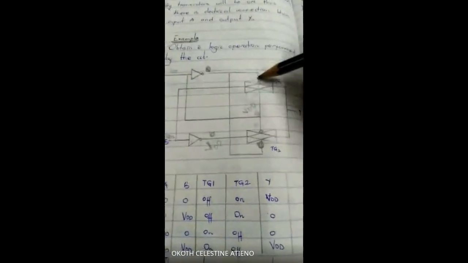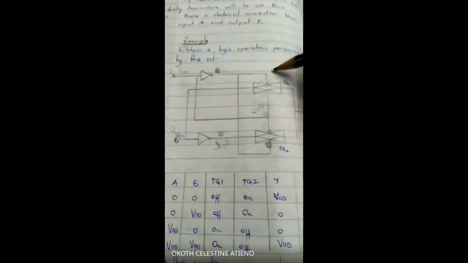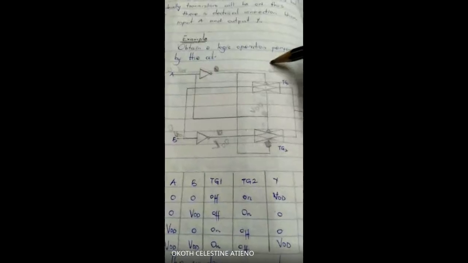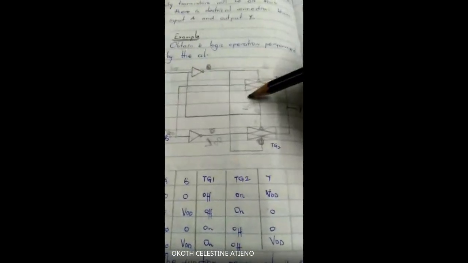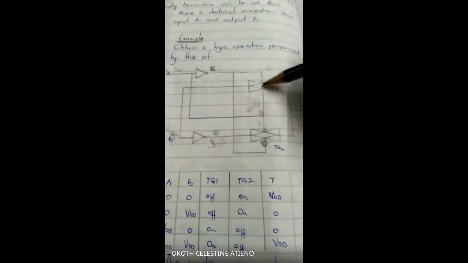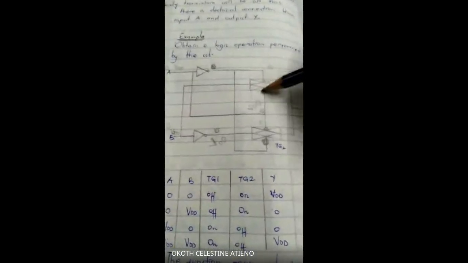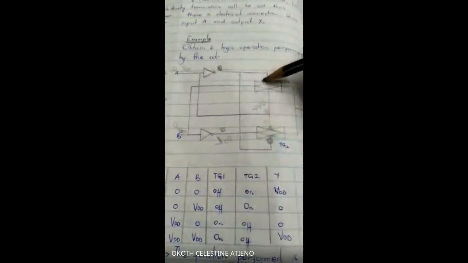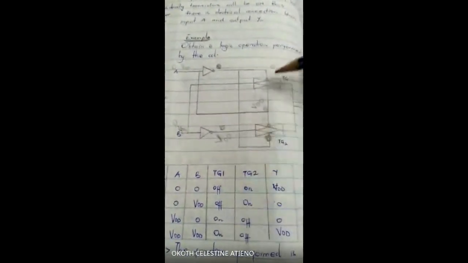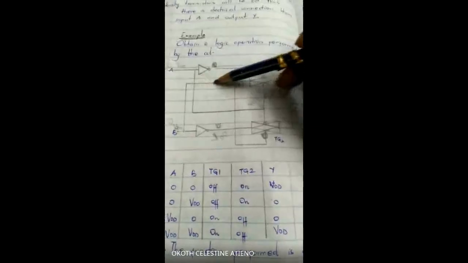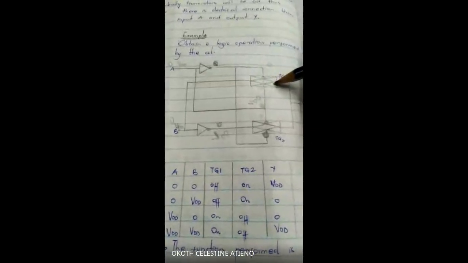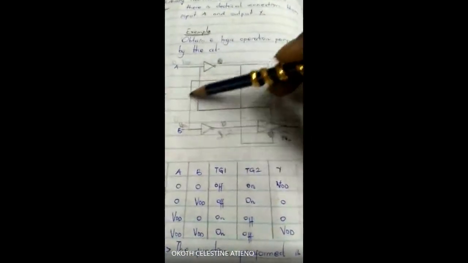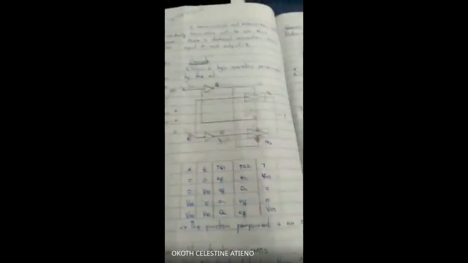If you check in the first gate, we are seeing there's a 0 on the PMOS side, so the PMOS is on. And there's a VDD or logic 1 on the NMOS side, so NMOS is on, which means this gate will be on. Ndio maana tukapata transmission gate 1 is on when A is VDD and B is 0. So it will allow this data to pass. B was 0, I believe. Yeah, it will allow 0 to pass. So that is how you will analyze your transmission gate.